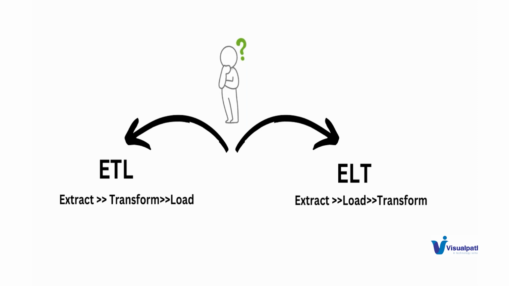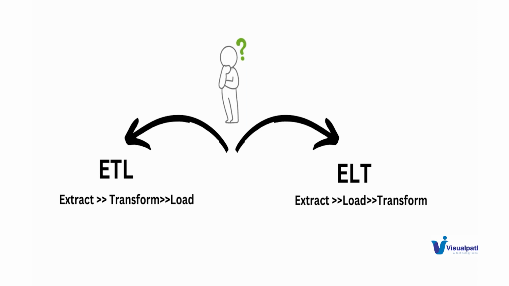In the case of ELT, the warehouse computing environment is used, whatever the data warehouse provides, the executor nodes that are used to transform the data. In the case of ETL, the computing environment could be AWS Glue, AWS Lambda, EMR, or any other EC2 instance where we can run our code.